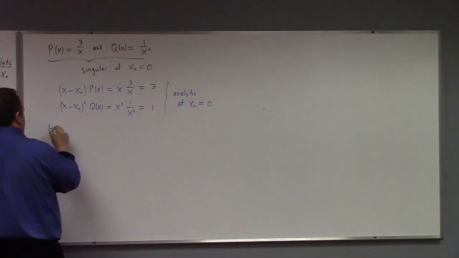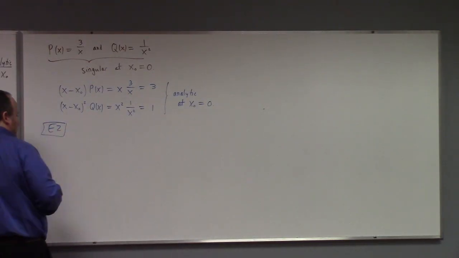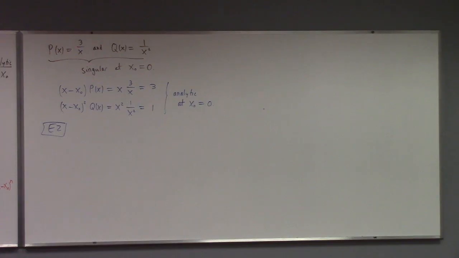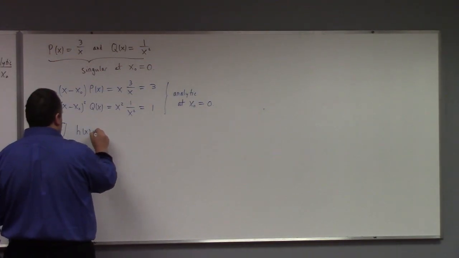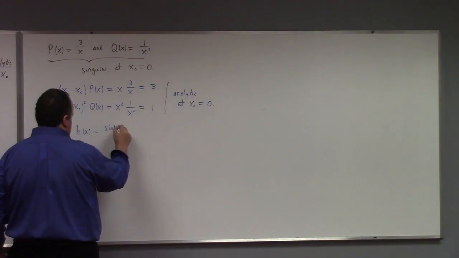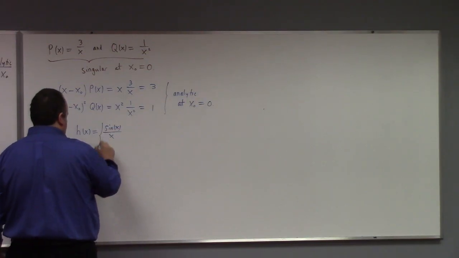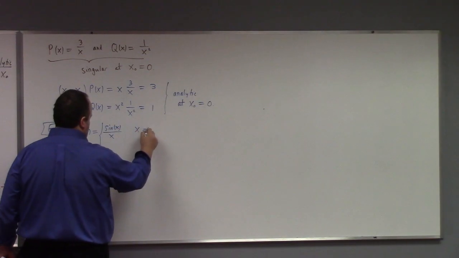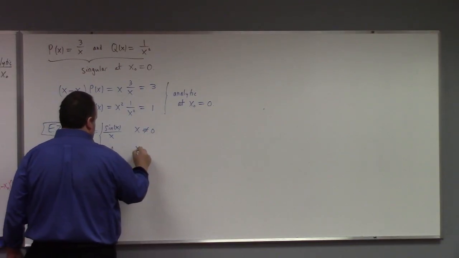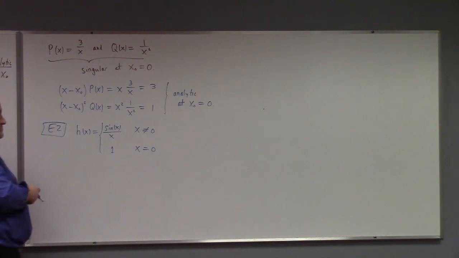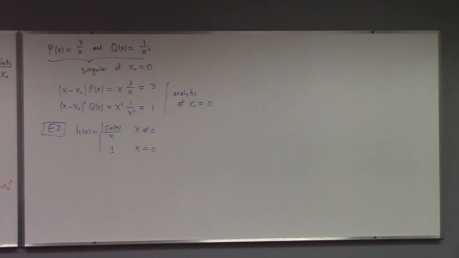So here's another example. Let me divorce the discussion from differential equations for a second. If we think about the function h of x equal to sine of x over x for x not equal to 0 and 1 for x equals 0, that function is analytic at 0.